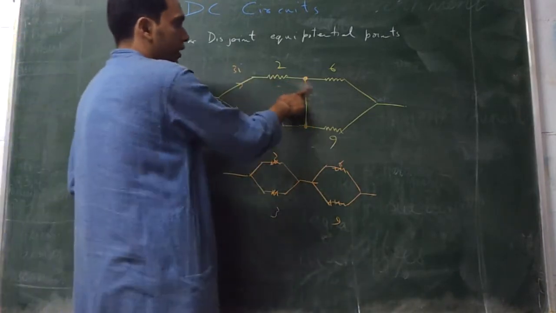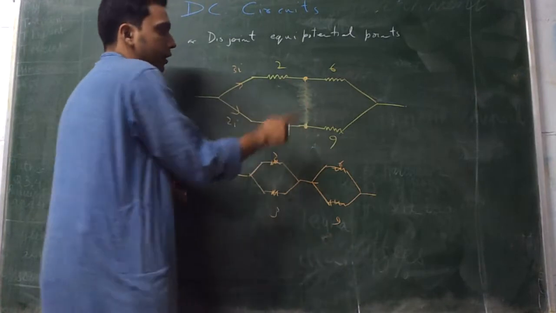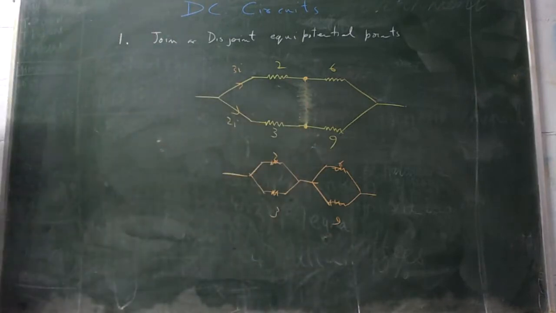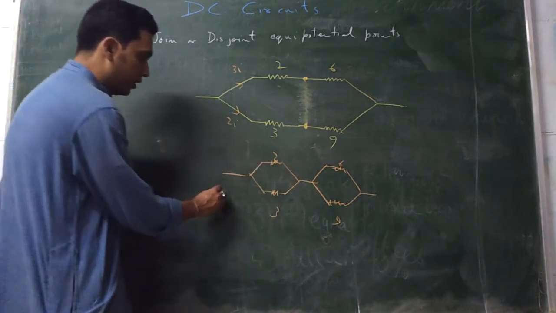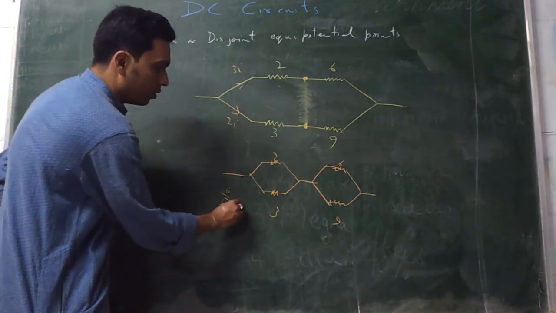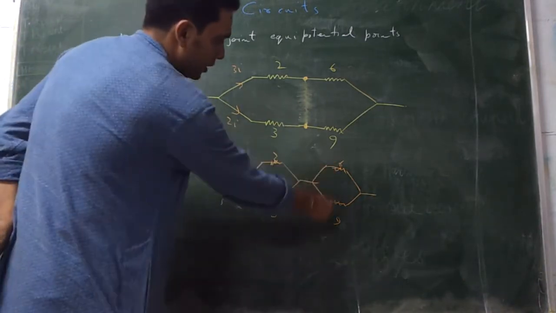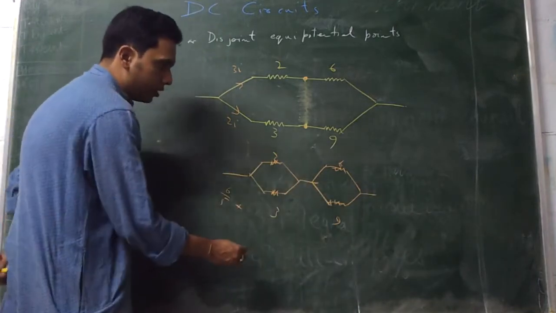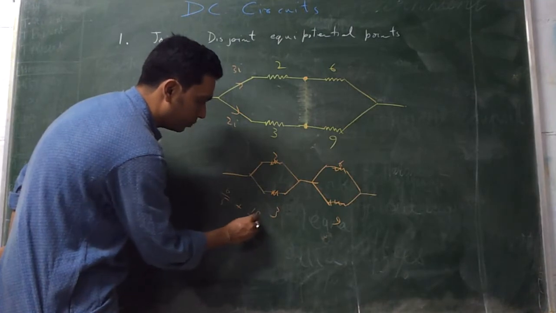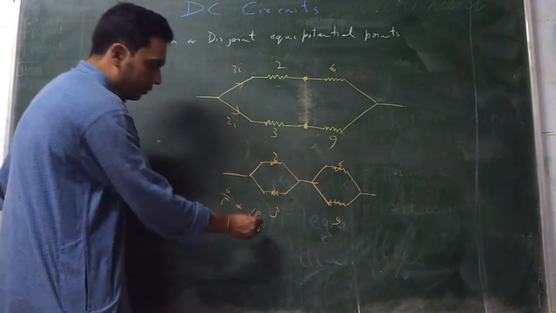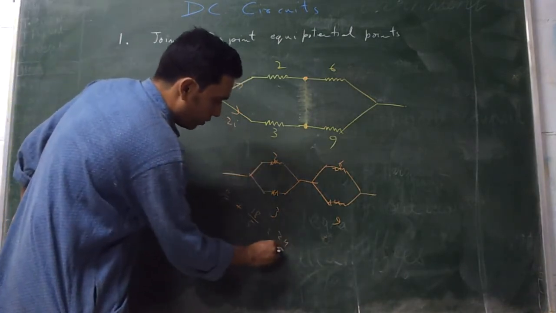Or you can disjoin it also. In both the ways, you will get the same answer. 2 and 3 in parallel is 6 by 5, plus 6 and 9 in parallel is equal to 3 times 6 by 5, 18 by 5. So you'll get 6 by 5 plus 18 by 5, which is equal to 24 by 5.